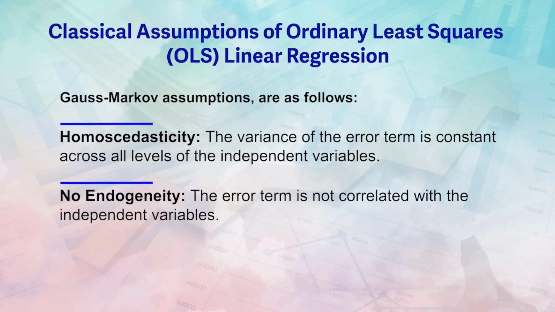Then we have the problem of endogeneity. It may happen that in any regression model, the independent variable is correlated with the error term. For example, we are doing a wage education model. That means wage is the dependent variable and education of the respondent is the independent variable. But there may be some factors in the error term, like the parental education or the educational institution in close proximity to the residence of the respondent.